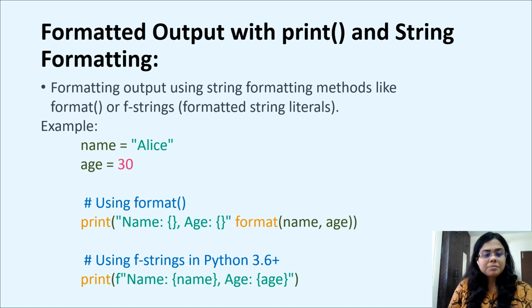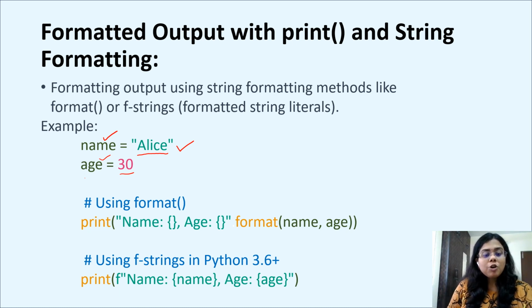into the output. Here we see an example where Alice is the value for the variable name, and 30 is the value for the variable age. We want to output the name and the age, which is Alice and 30. We use the format function, which allows us to get an output that will incorporate these variables.